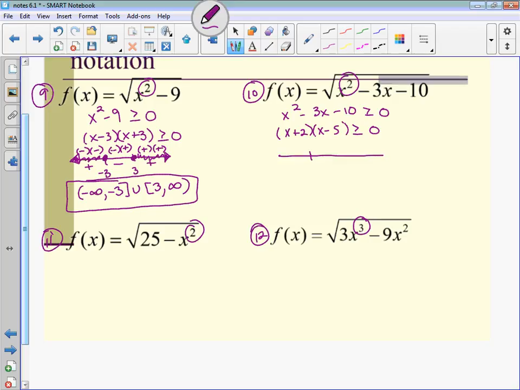What are the two numbers going to be on your number line? Negative 2, positive 5. You okay with that? It's what actually makes the parentheses 0. Okay. All right, so what number are we going to start with for plugging in?